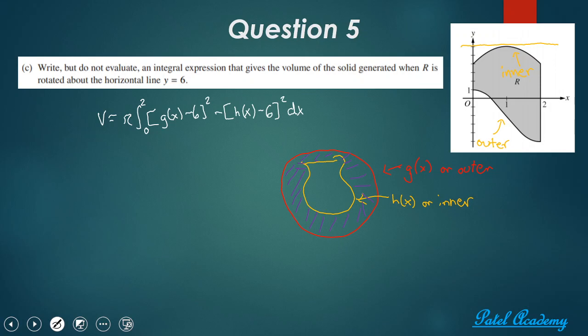And so that's why it's important to identify what your inner and what your outer is, because in this case when you're rotating, this h at x becomes this inner yellow function, while g at x becomes your outer red function, and that's what you have to do: g at x minus the axis squared, and then minus the inner h at x minus the axis 6 squared. And keep in mind, I did forget the first time, always remember you're multiplying by pi.